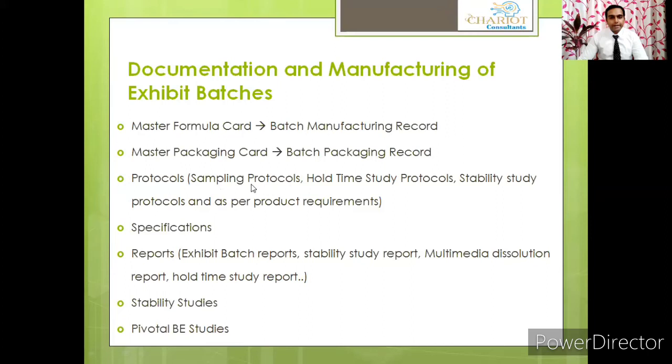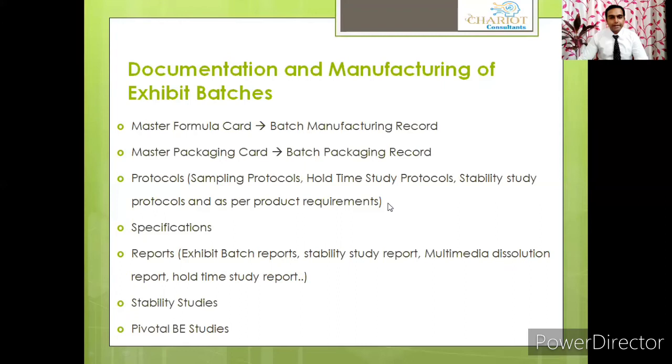Without any protocol, you cannot take any sample from the batch, because each and every thing will be noted in your BMR as well as your protocols, because regulators can ask you anytime, so you need to have proper justification and proper documentation with you. So starting from the lab to your exhibit batches, quality assurance, quality control, and the QMS system play a very important role, because each and every document is in the window of your inspection.